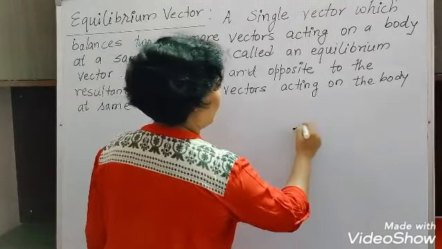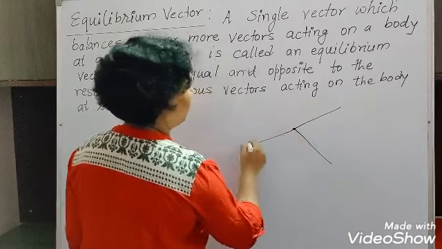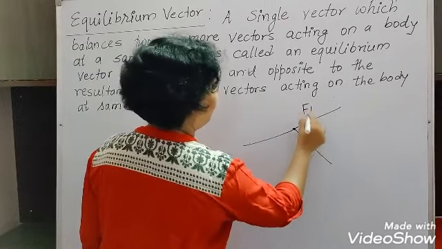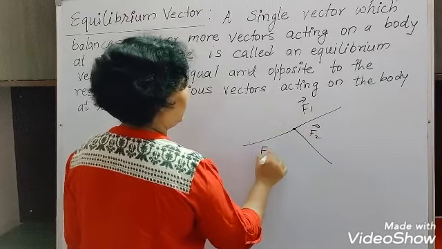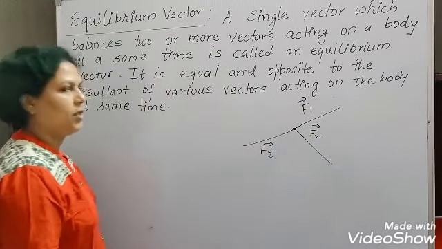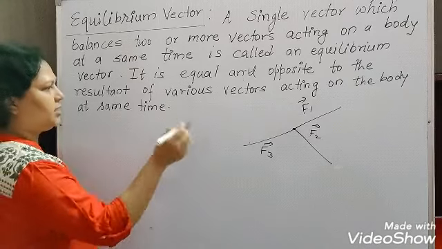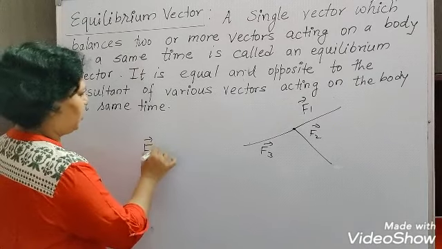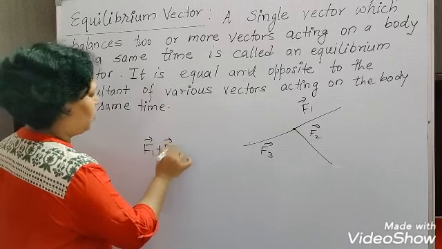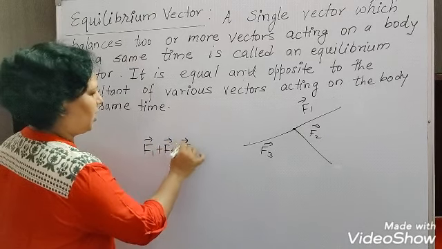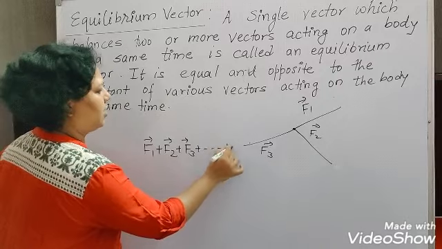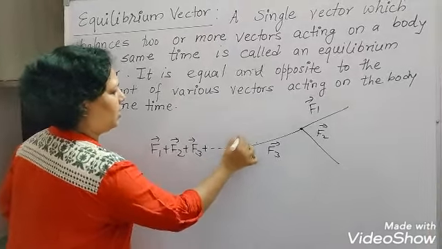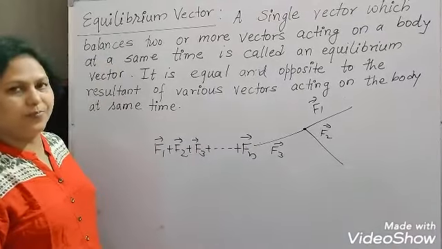Suppose at this point many forces are working, F1, F2, F3 this way, and suppose n vectors are working, up to Fn.